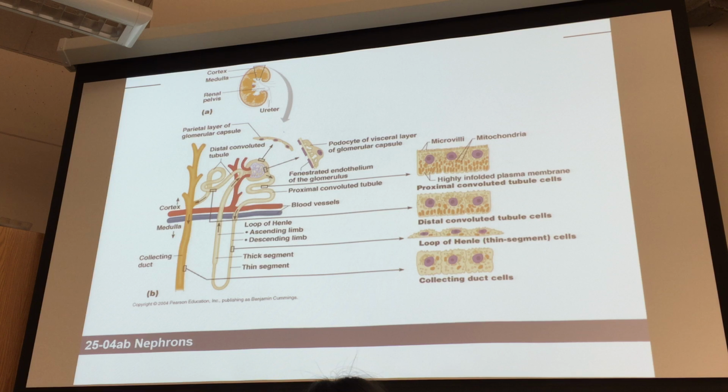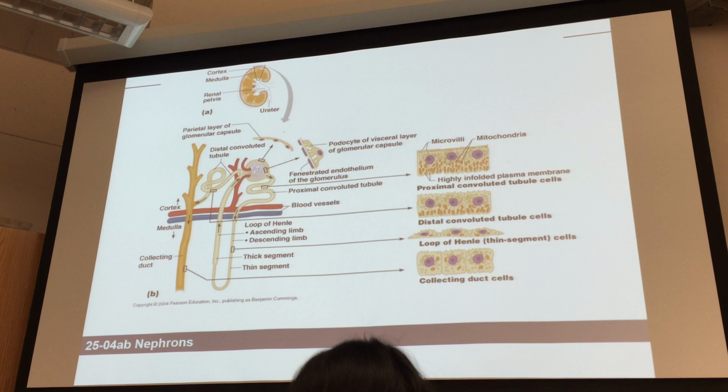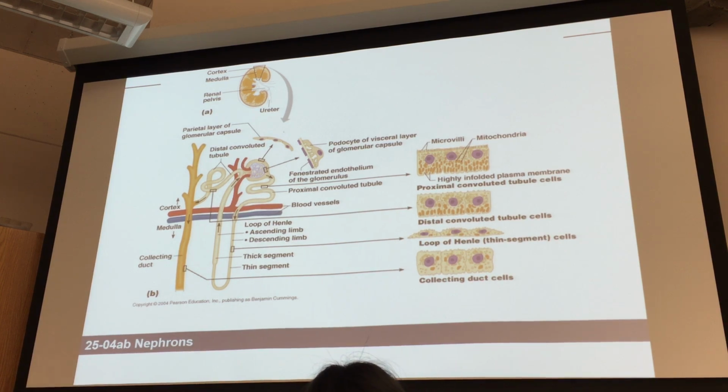On this exam, the number I used was that we usually create about 1.5 liters of urine a day, depending on intake. If you're sitting there drinking a bunch of water or coffee right now, you're probably going to make more, but about 1.5 liters, or 1% of filtrate, turns into urine.